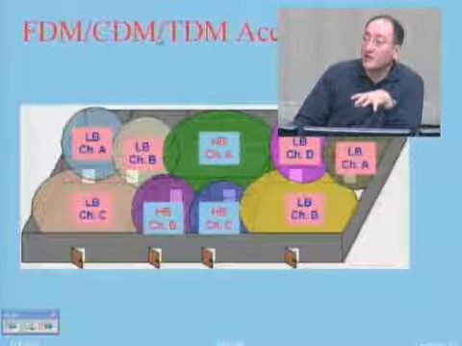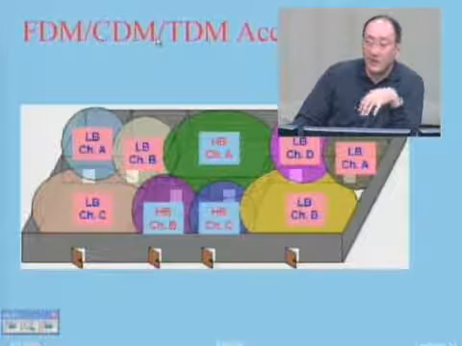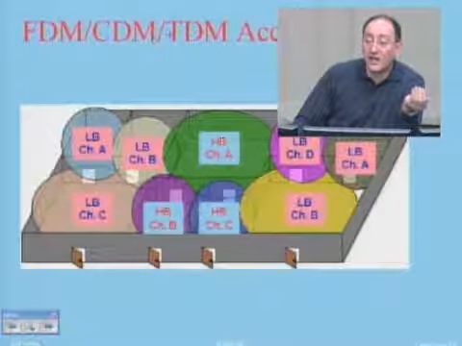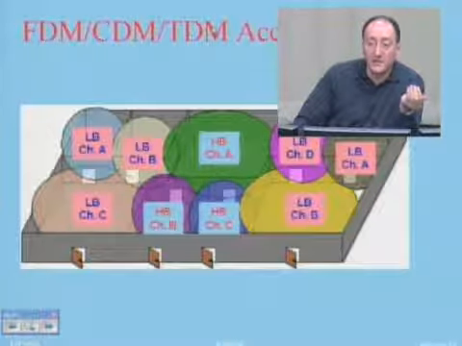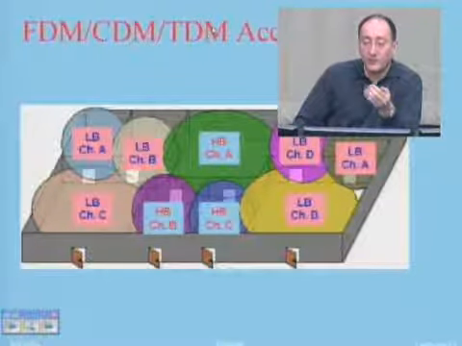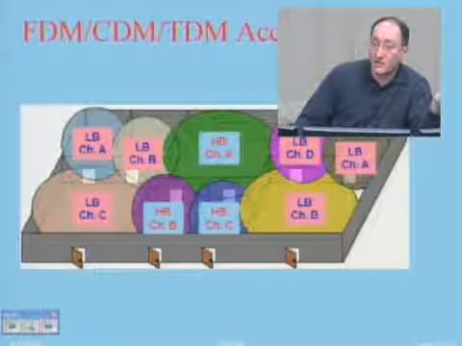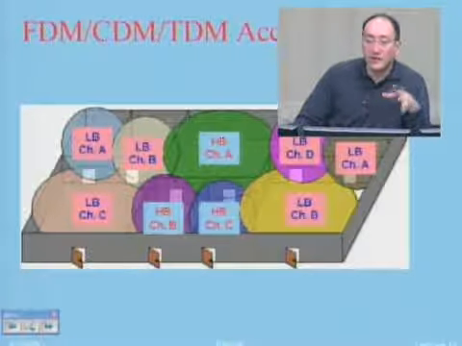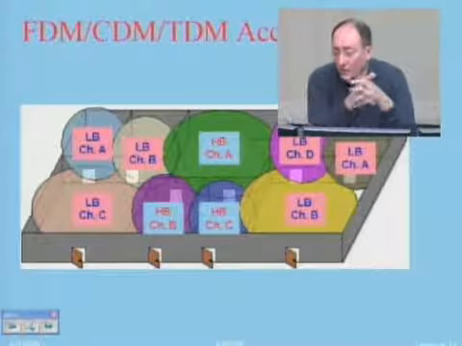I have code division multiplexing by using different codes for direct sequence spreading. And I have time division multiplexing by differentiating different users. Okay? So this is one example of implementation.